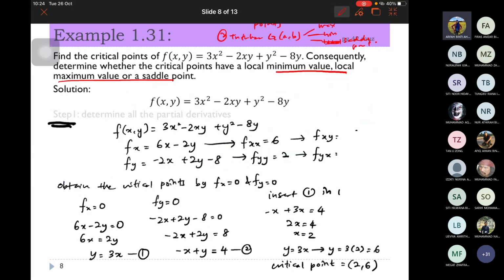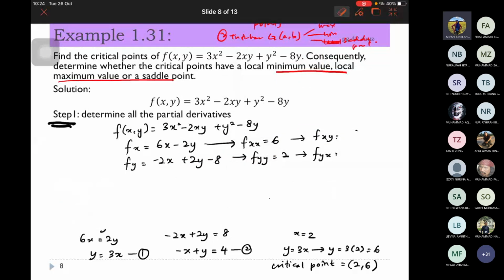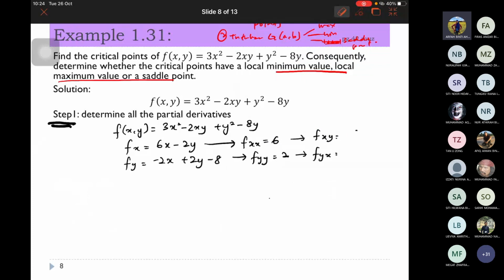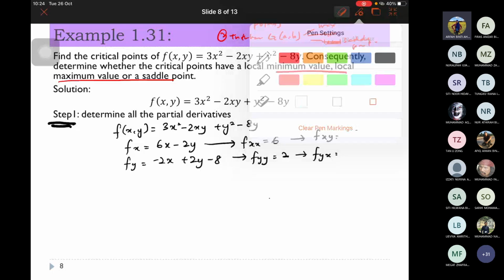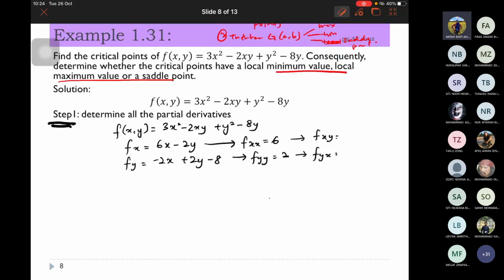Okay. So, kita dah dapat dia punya critical point. So, tadi kita dah kira FXY akan sama dengan negatif 2. Okay.